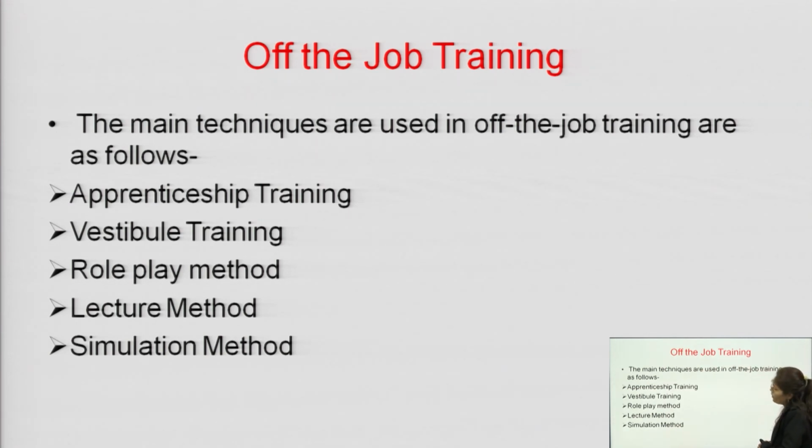Lecture method is where the trainer uses the lecture to give theoretical knowledge related to the job. So in that particular moment they use this lecture method. And simulation method is where trainees learn in an artificial environment where everything is artificial or imaginary, and they try to learn how they have to behave in an actual situation.